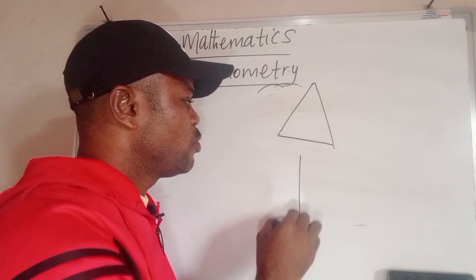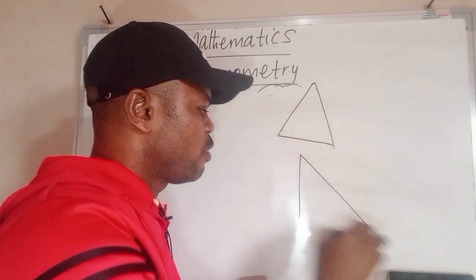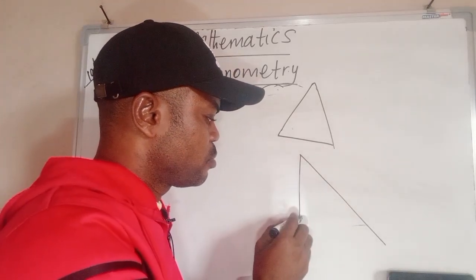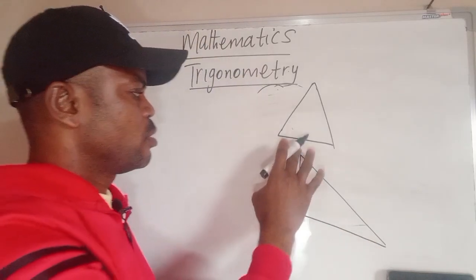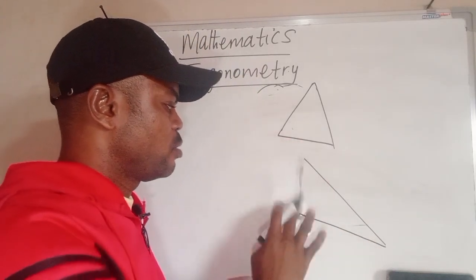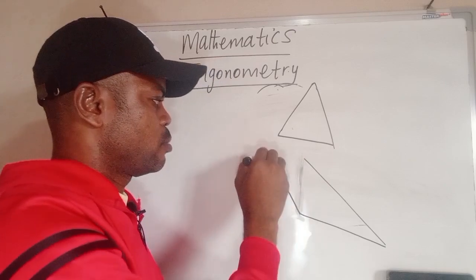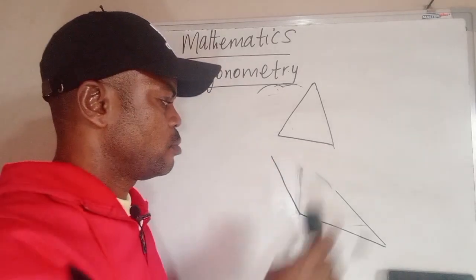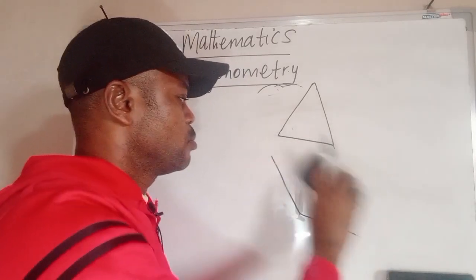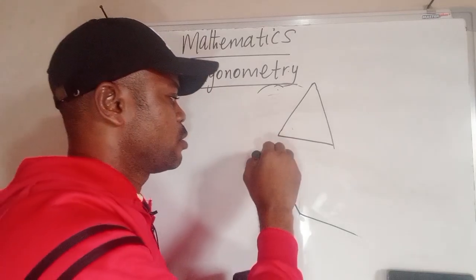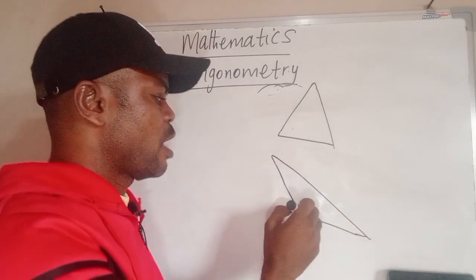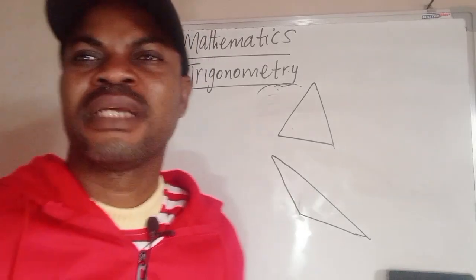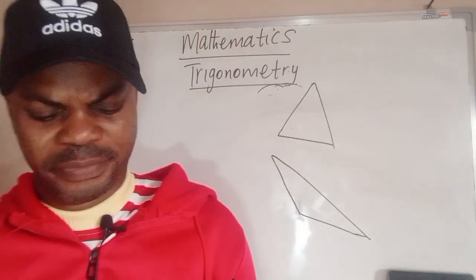Or the triangle you came across was of this nature. Let me bend it like this. Of course, this is not 90. This is more than 90, as in the case of the obtuse triangle.